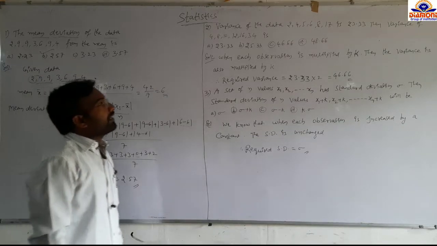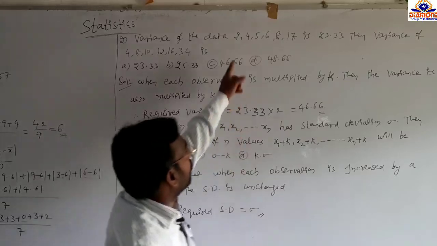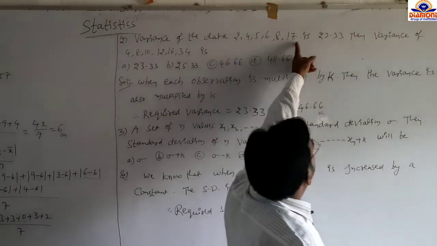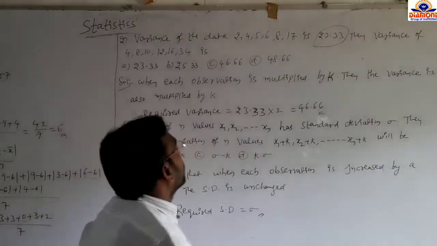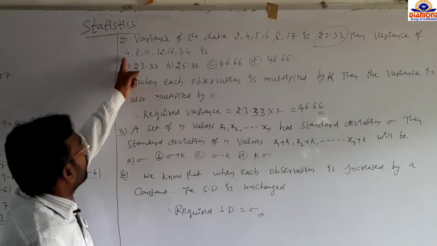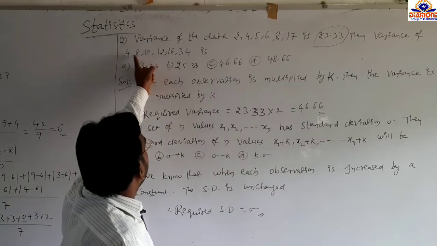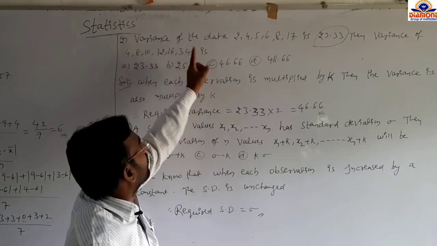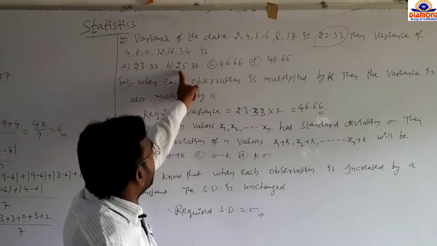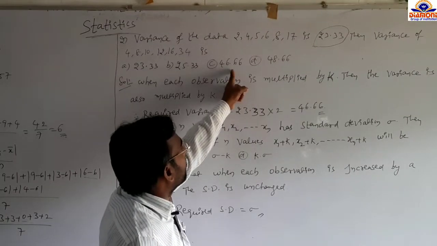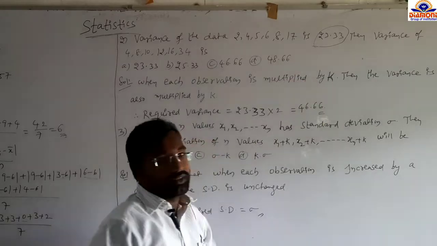Next, the variance of the data 2, 4, 6, 8, 10, 12, 16, 34 is 23.33. Then what is the variance of 4, 8, 12, 16, 20, 24, 32, 68? Option A 23.33, option B 25.33, option C 46.66, option D 48.66.